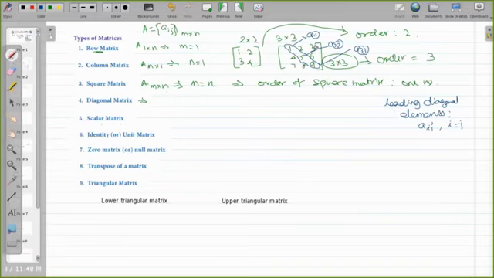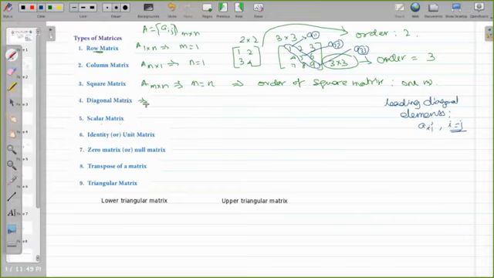You may be thinking, sir, 3, 5, 7 is also a diagonal, no sir. We may think like that, but that should not be taken because here i is not equal to j. What about this one? It is 1, 3. This is 2, 2. But here it is 3, 1. They are not the same. Children, do you understand? When i equals j, all a_ij are called leading diagonal elements.